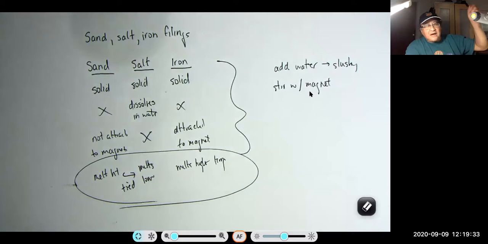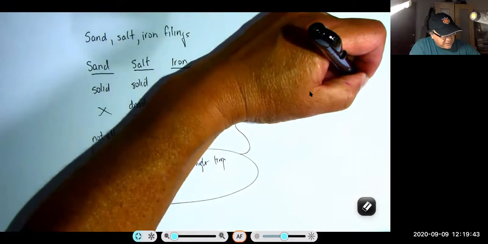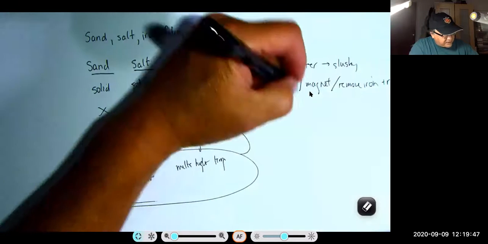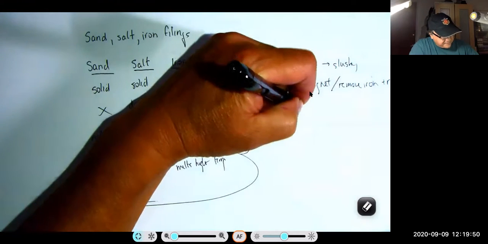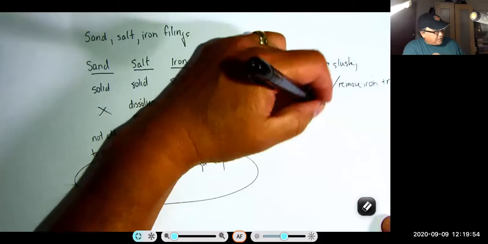And when you pull it out, how do you make sure you're not taking any salt water with you? Rinse the magnet and iron off back into the container. Stir with the magnet, remove the iron and rinse. And then you dry the iron and you get rid of the water. So we've separated the iron from all of this mess.